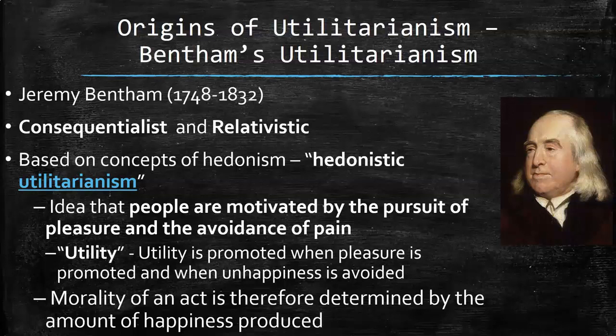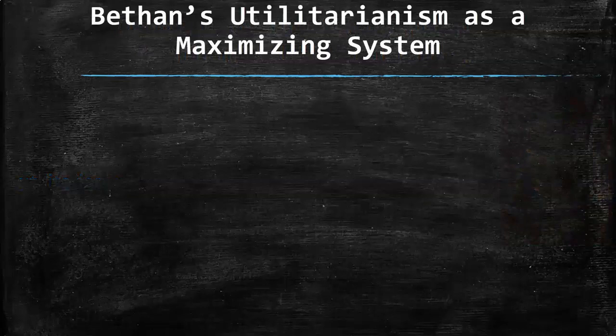So why is it called utilitarianism? Well, utility, right? That which has utility is useful. So utility, which is what we're going for, is promoted when pleasure is promoted and when unhappiness is avoided. So again, it boils down to this: the morality of an act is determined by the amount of happiness produced.